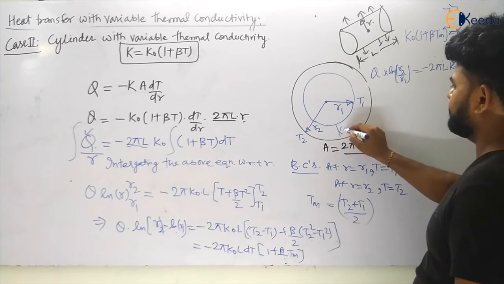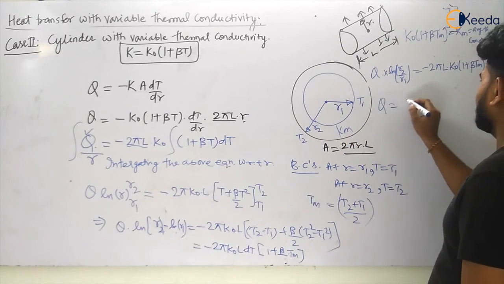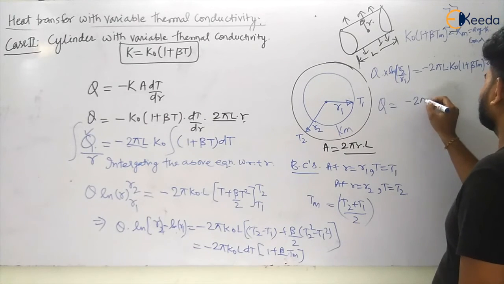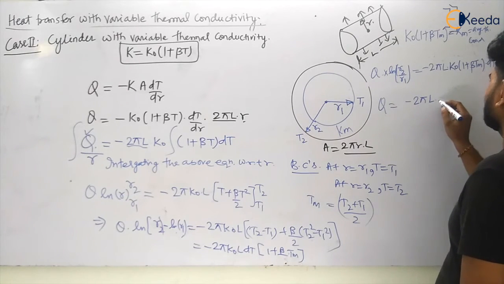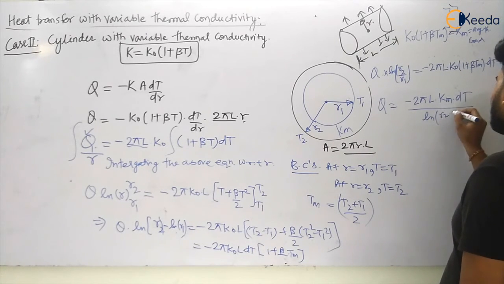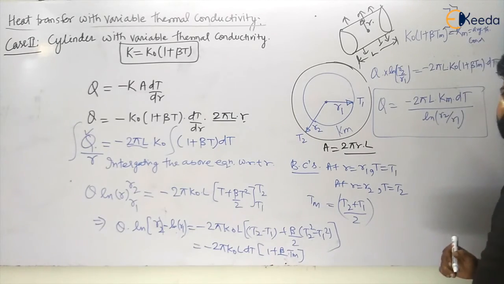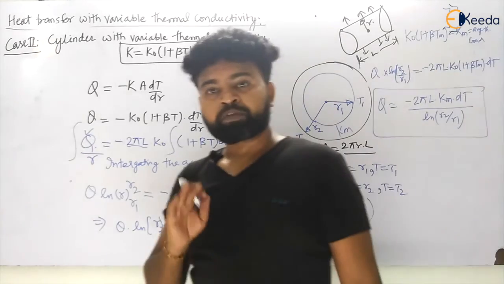So this will be Km in the variable case. So Q will be given by minus again 2 pi L into Km, this will become dT divided by ln of R2 by R1. So my dear students, this will be the heat transfer in case of variable thermal conductivity in the case of cylinders.